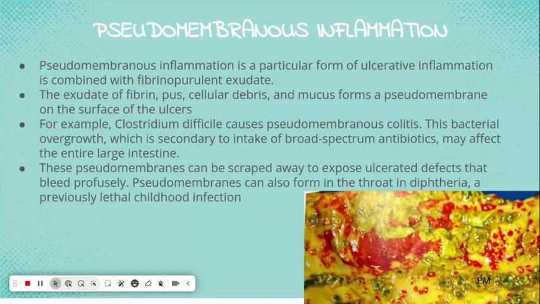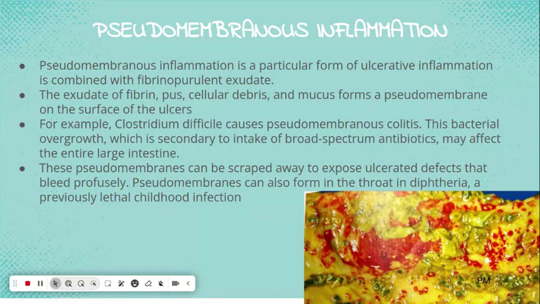For example, Clostridium difficile causes pseudomembranous colitis. So this is an ulcer and a pseudomembrane in the colon. This bacterial overgrowth, which is secondary to the intake of a broad-spectrum antibiotic, may infect the large intestine.